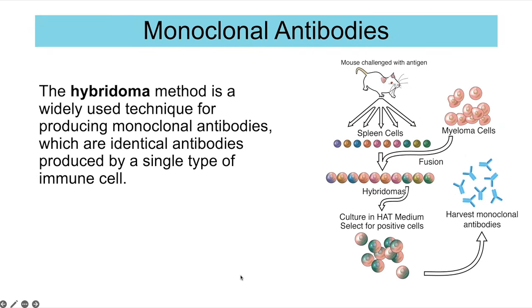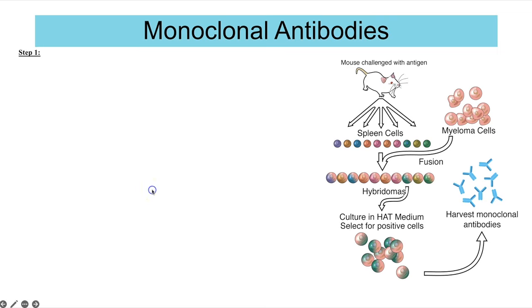Now, monoclonal antibodies is a technology that has been used based on our knowledge in science of antibodies. And the hybridoma method is a widely used technique for producing monoclonal antibodies, which are identical antibodies produced from a single type of immune cell. So here's how they are created.